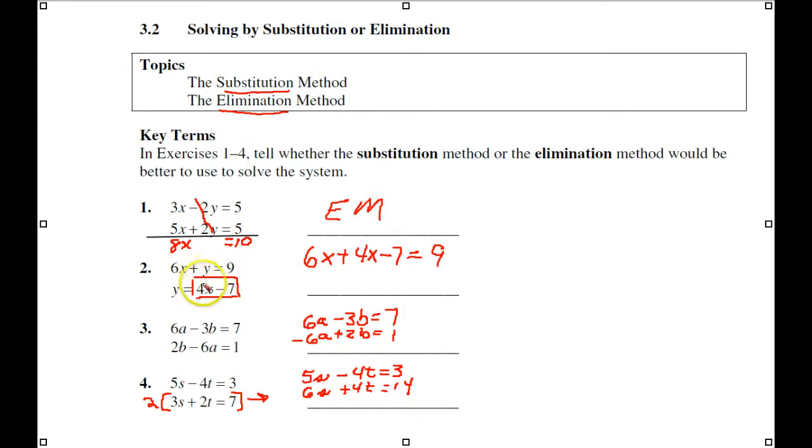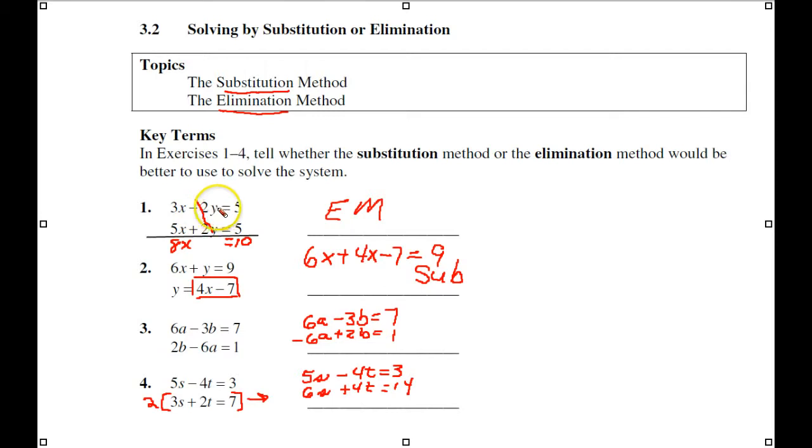We have, through the process of substitution, gotten rid of one variable, the y variable. And now we have an equation with only one letter, the x. And that's what we want to do.